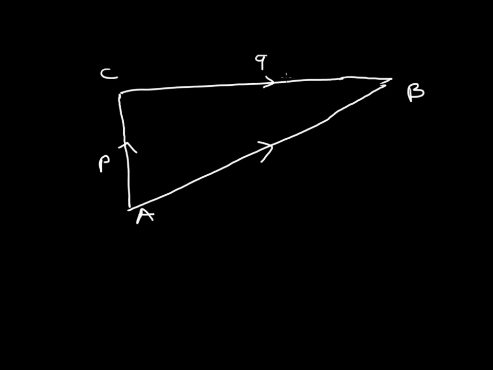Now, as I said earlier, if this were ordinary maths, if P was 3 and Q was 5 centimeters and we were asked to add, we would just add 3 to 5 centimeters and we would have obtained 8 centimeters. This is actually quite simple, but this doesn't work in vectors.